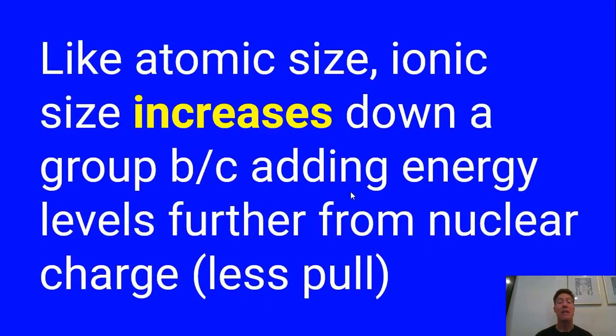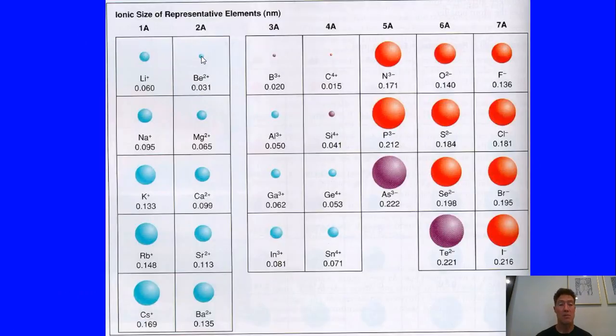So like atomic size, ionic size increases down a group because we're adding energy levels which are further away from the nuclear charge. So ionic size is going to follow the same exact pattern as atomic size, with one big exception. Lithium is going to be smaller than beryllium, which is going to be smaller than boron, which is going to be smaller than carbon.